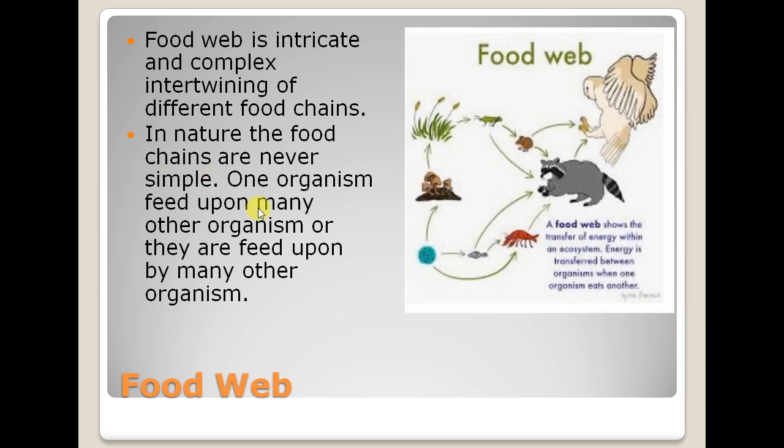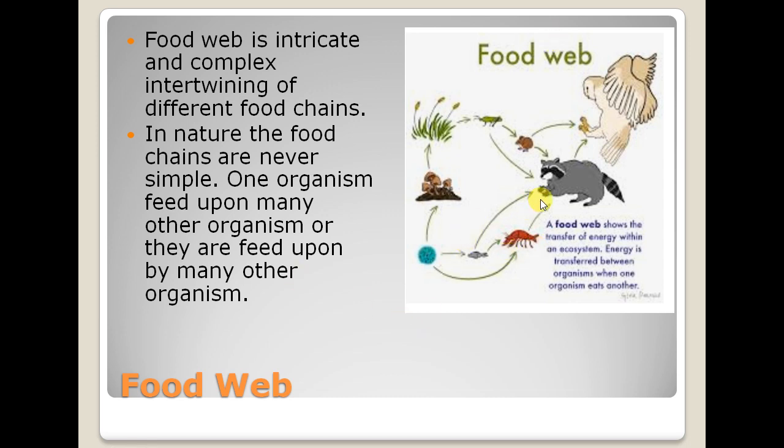Here if you can see, producers are there, grasshopper is there, but the grasshopper is also eaten by the skunk and also by the rat. Rat is eaten by the eagle as well as the skunk. Skunk is also eaten by the eagle. Then here we can call this a lobster.